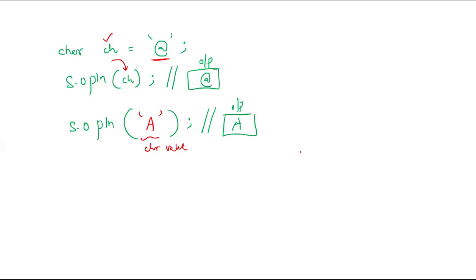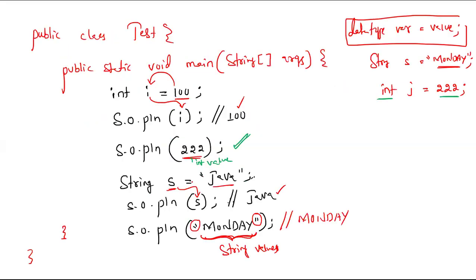So by using this format, it automatically takes what it is. Exactly, that's a pointer. So we no need to use every time char ch2 as a different variable and A is the value inside that, then System.out.println ch2. This is what we understood previously. But now, to give you the other possibilities, I'm asking: if we can use a string value directly to print it, why can't we use an integer value?